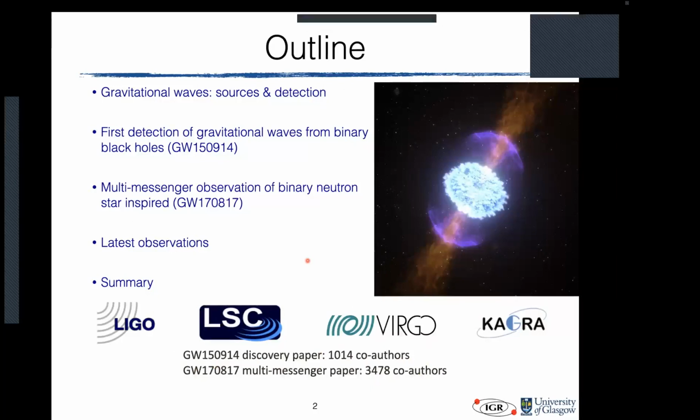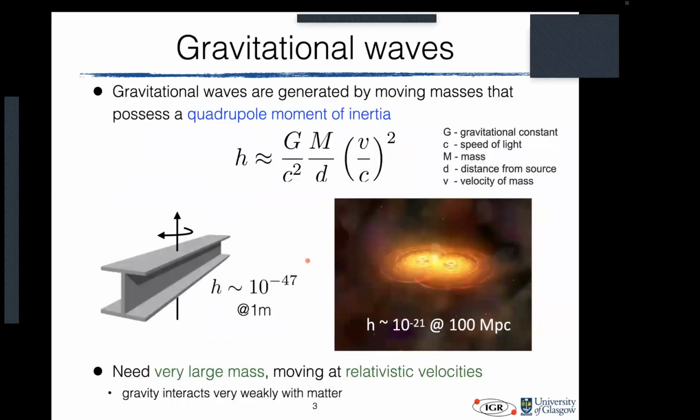Okay, so I said that gravitational waves are from cosmic sources. Why is that? When we measure gravitational waves, we are measuring what's called the strain amplitude. This is a strain caused by the motion of material and the quadrupolar moment of inertia of that movement. So h is the strain, and you can write down very roughly the strain.